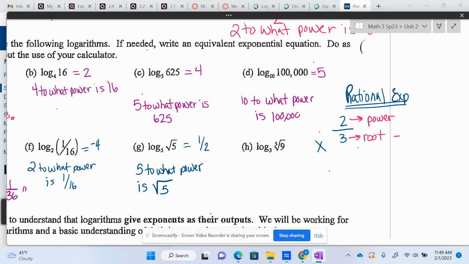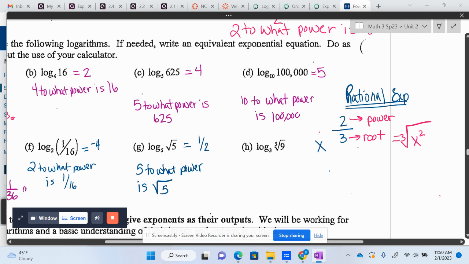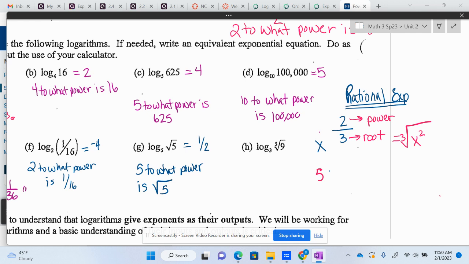So this is essentially saying x squared under the cube root sign. That's what that says, okay? So if I did another example, 5 to the 4/5, this is saying that I need the 5th root of 5 to the 4th power. That's what that is saying, okay?